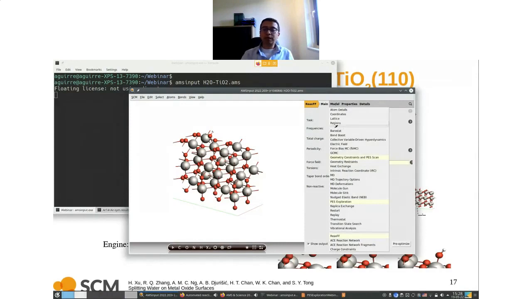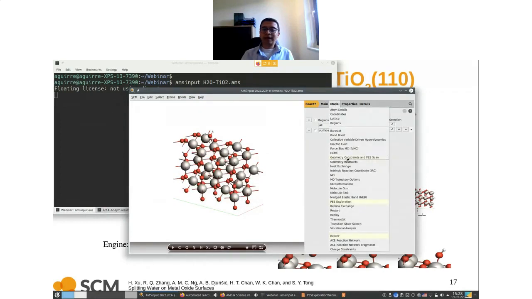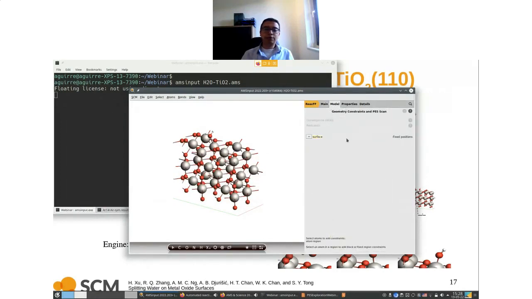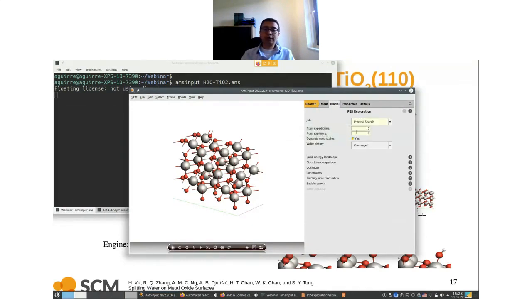In addition, just to speed up the calculations, I defined a surface region, and I fixed the position of the atoms in the surface. So with this in mind, in principle, you just have to define the number of expeditions, the number of explorers, enable the dynamic states option, and that's it.